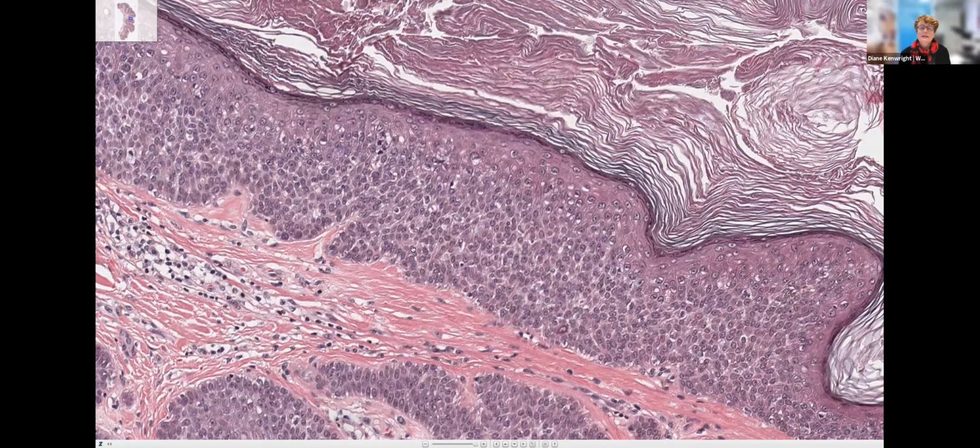Normally the basal cells would be in the bottom 10%, only 10%, but here it's about, what do you think? Yeah, 80, something like that. So yes, there is proliferation of basal cells. That's part of the lesion.